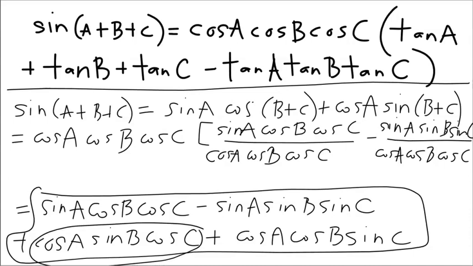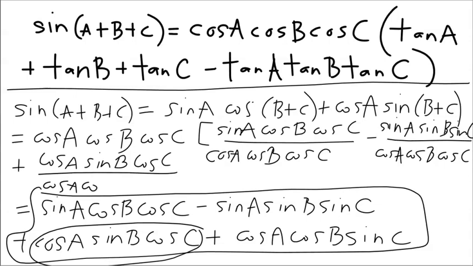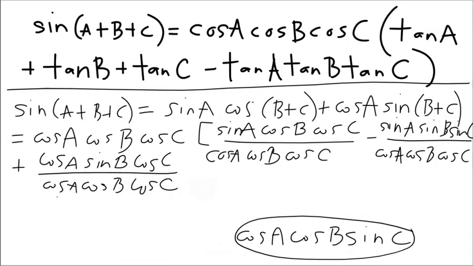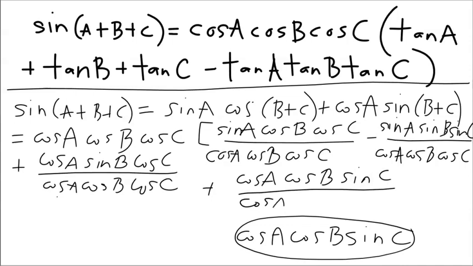So now this term here, that's going to be plus cosine A sine B cosine C over cosine A cosine B cosine C. And finally this term, which will be cosine A cosine B sine C over cosine A cosine B cosine C.